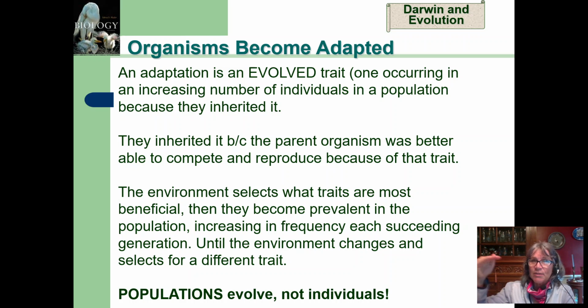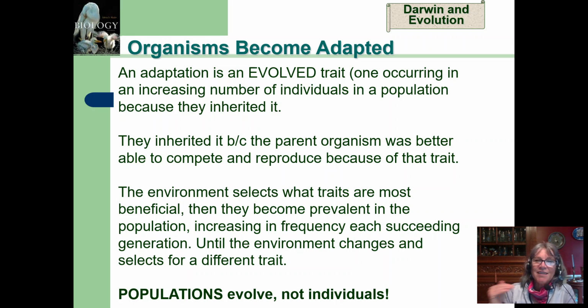And as long as the environment's stable, that same variant will be selected for and will increase in number in the population. If the environment changes, a different trait might be favored. So we'll have a change over time. And environments tend not to be all that stable.